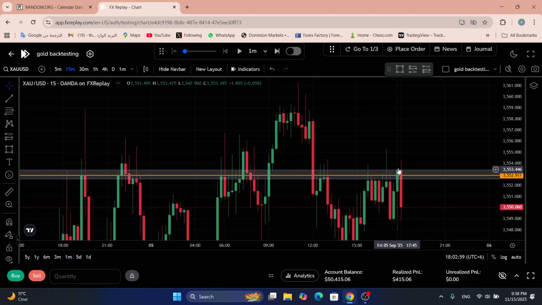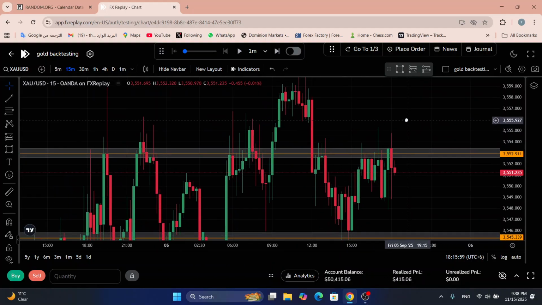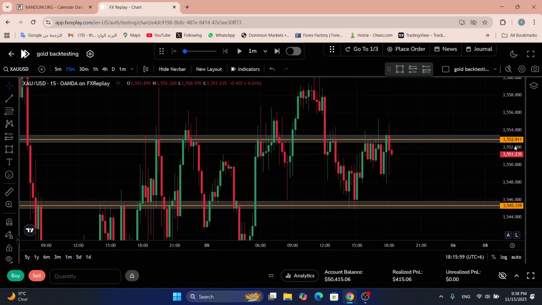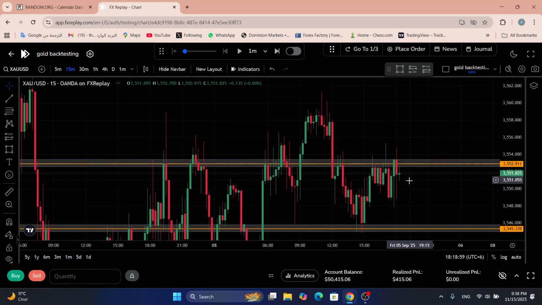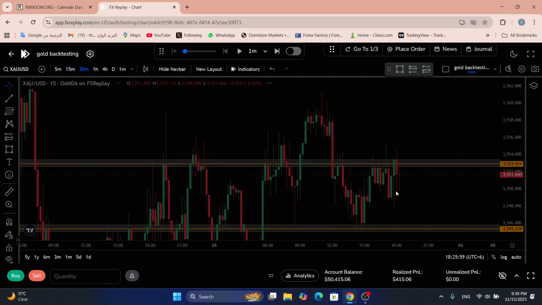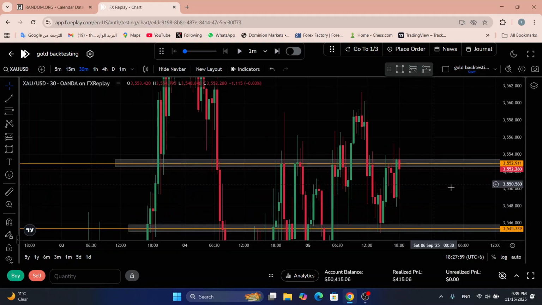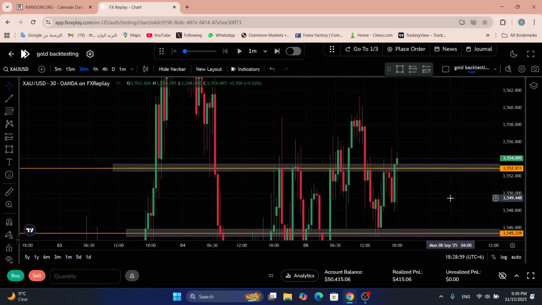Look, this candle closed with no top wick, so I don't think we can take it unless we get a closure above this area. Okay, so now price is just consolidating in this area. Let's wait for the 30-minute candle closure. It will probably give us a clear direction.